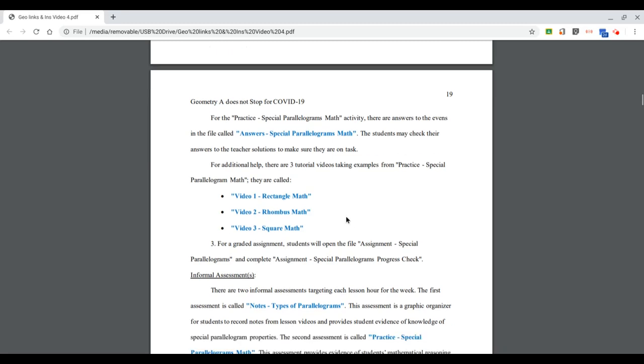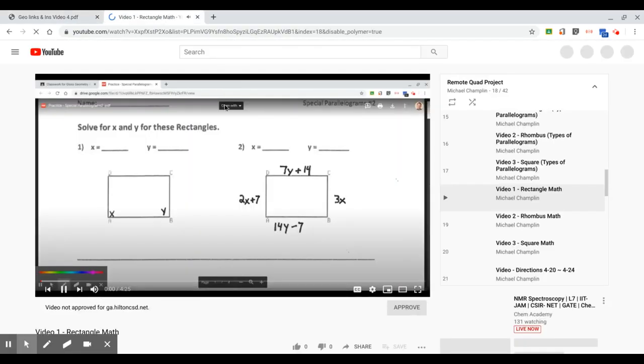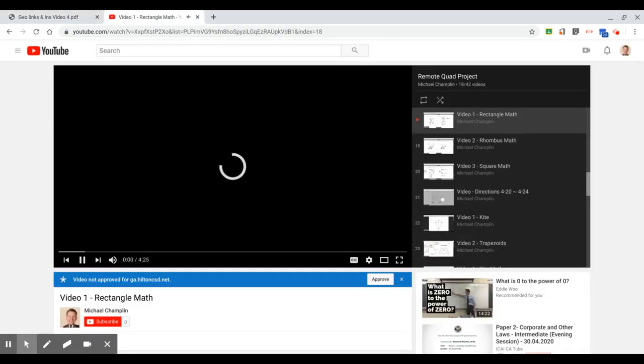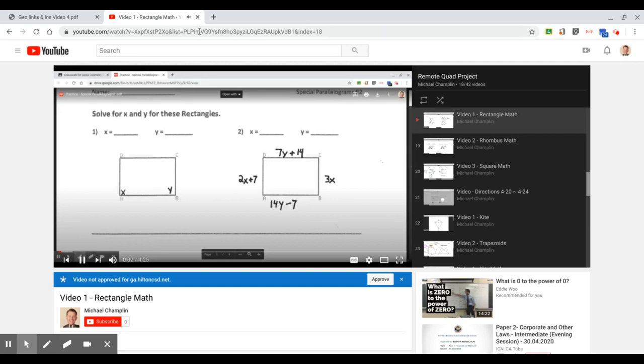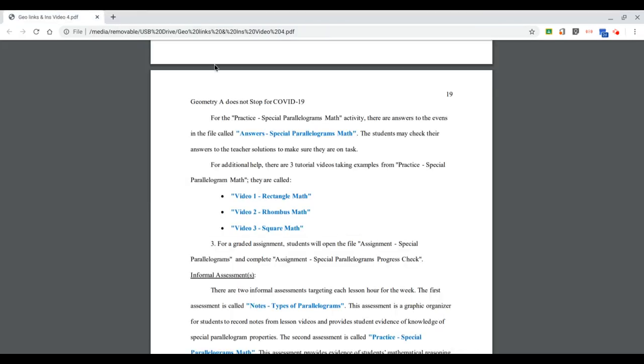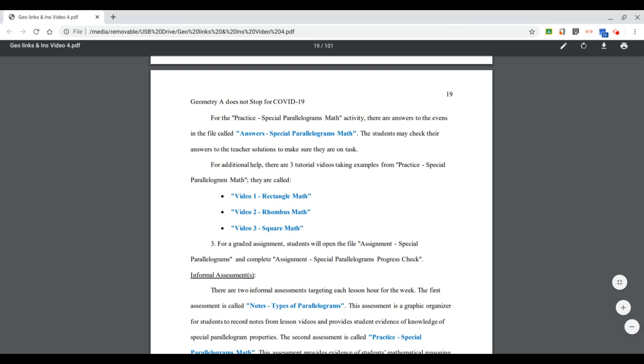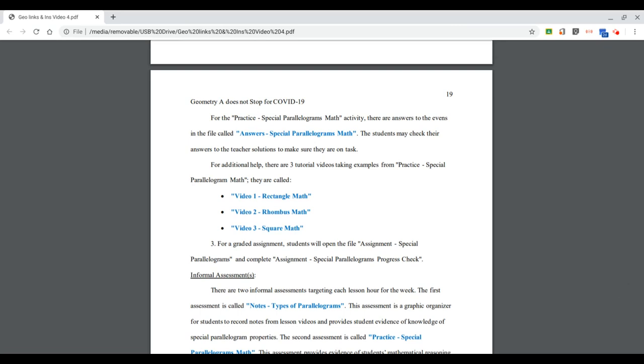And then also there are video tutorials of how to do the special parallelogram math. And I believe this time I actually took them straight from the worksheet to encourage them to follow along with their practice sheet. That way, the more participation they can get, proof of evidence of participation helps out very much.